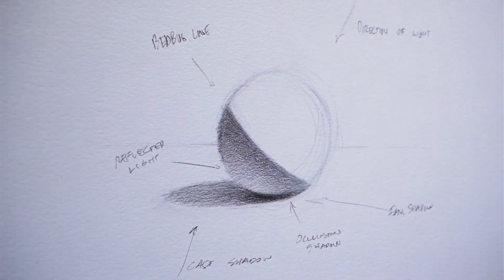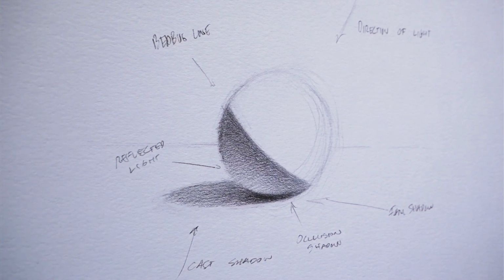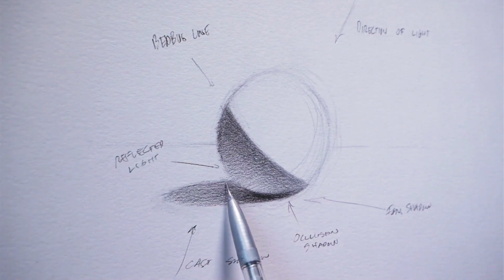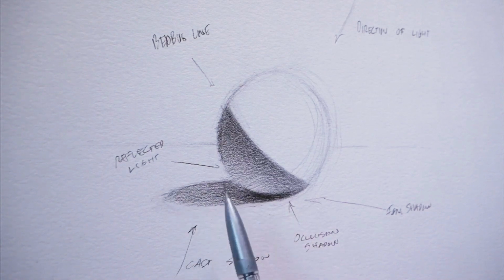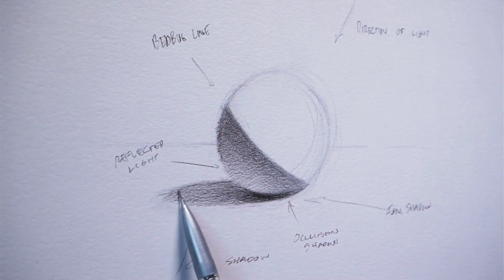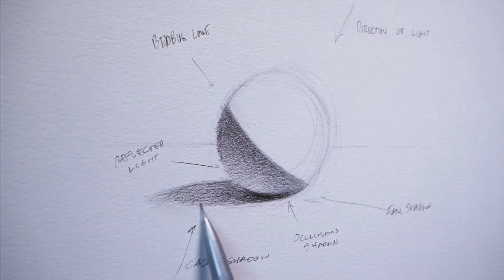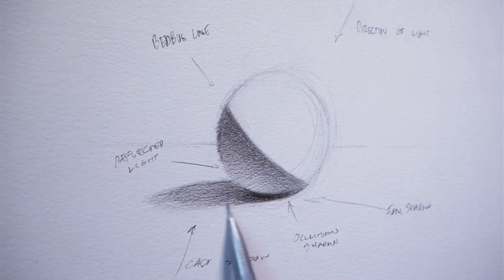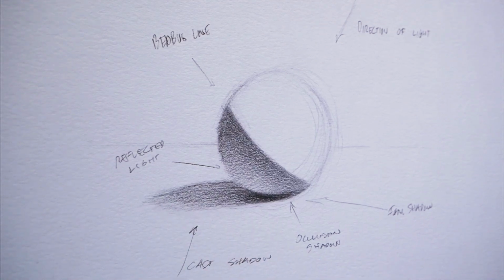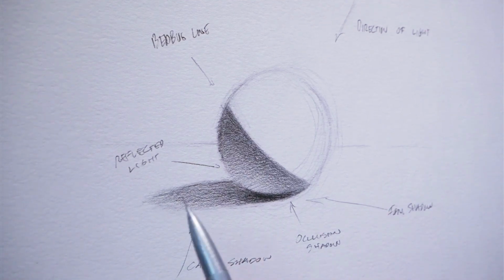The other thing that's worth noting that's interesting about cast shadows is the shadow edge will tend to be a bit crisper, sharper, near where the object that's casting it is meeting the surface it's being cast on. So in this case, where the ball is meeting the tabletop, we're going to have a sharper edge.